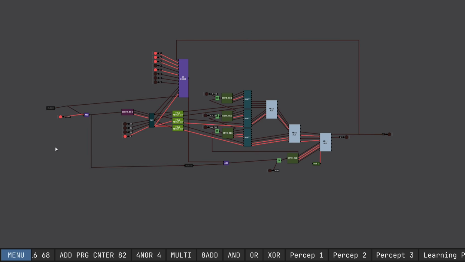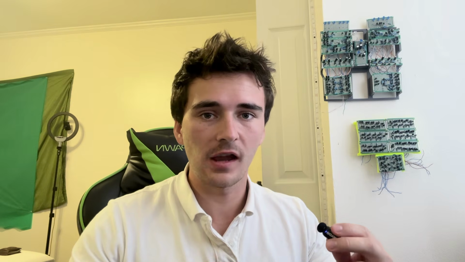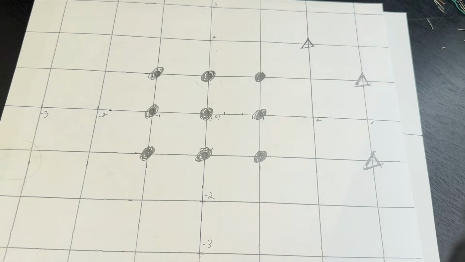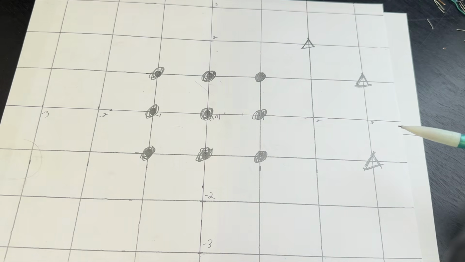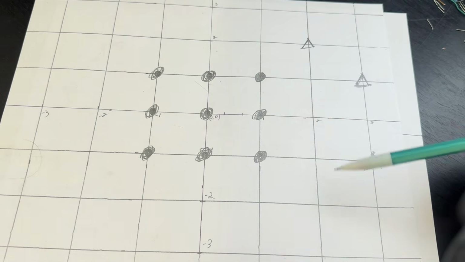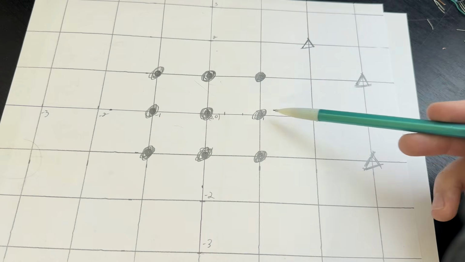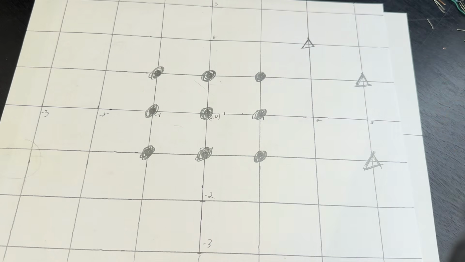But let's look at the math real quick so we fully understand what this perceptron is trying to do. So this is an XY coordinate system. You can see we have the x-axis and the y-axis. And we have these two variants of data that we are given. We have the circles, or the dots, and the triangles.